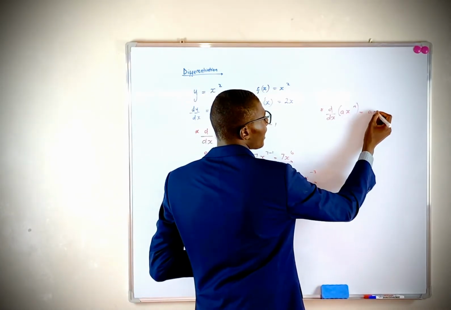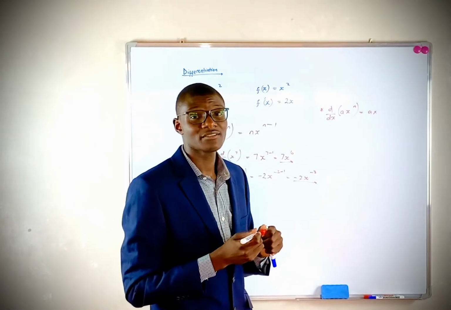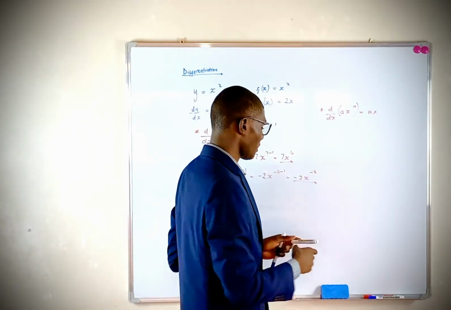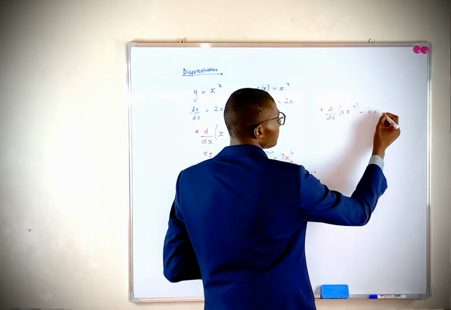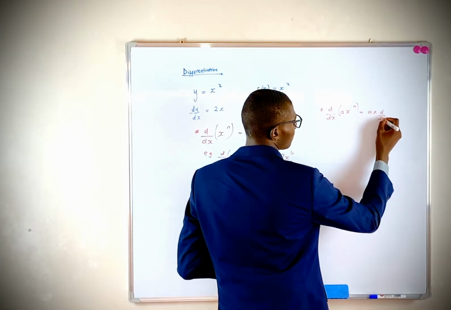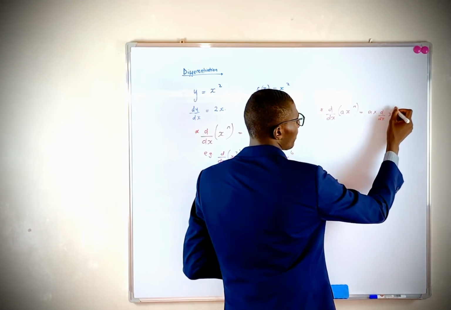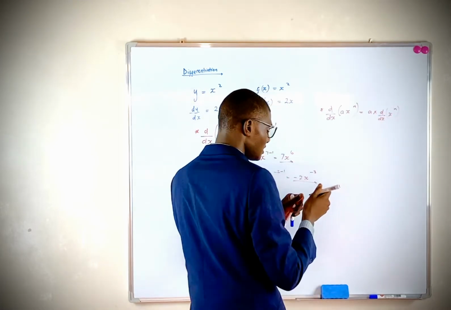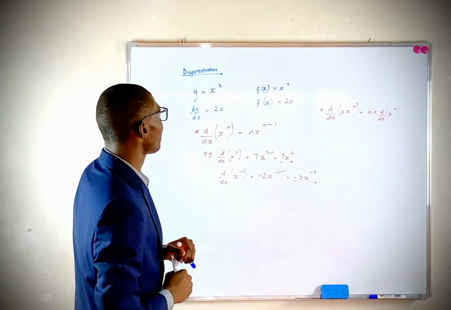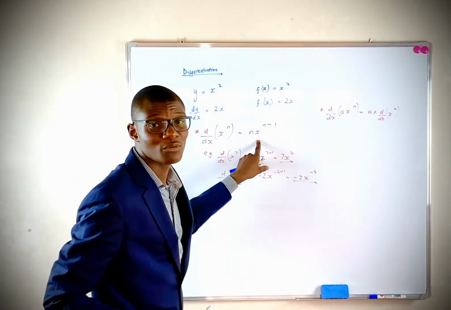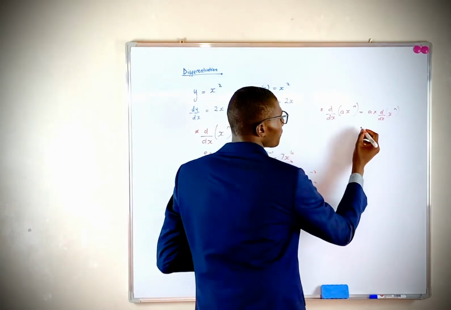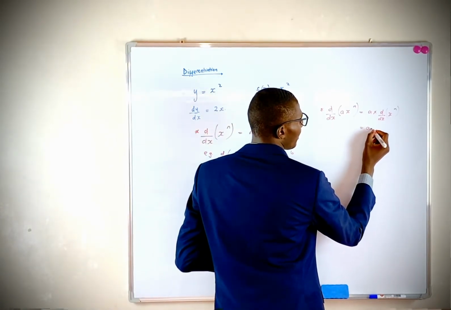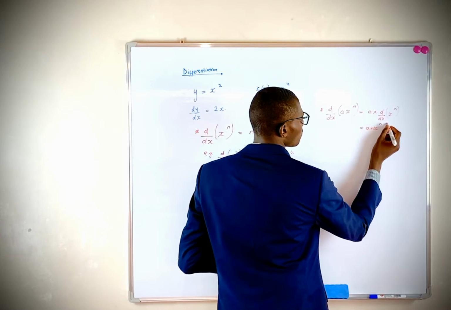Then we multiply it by the derivative of x to the power of n. So we are saying multiplied by d by dx of x to the power of n. And d by dx of x to the power of n will give us nx to the power of n minus 1. So in this case, we will get a times nx to the power of n minus 1.